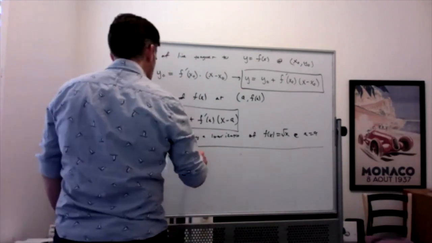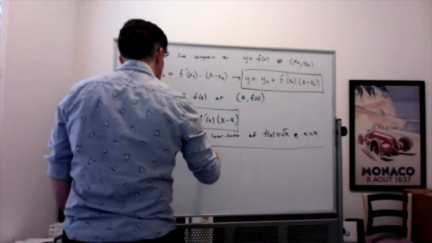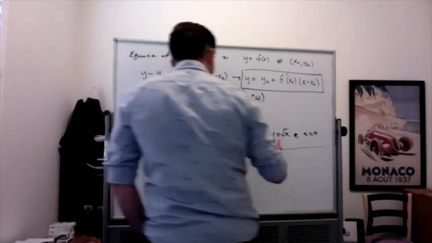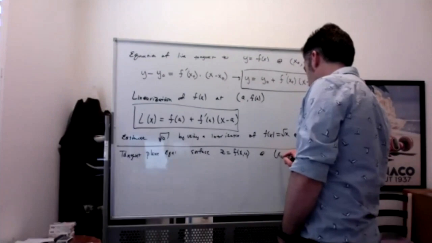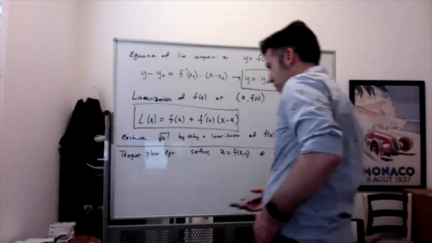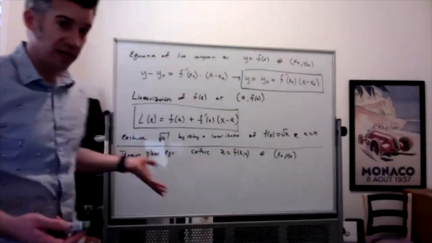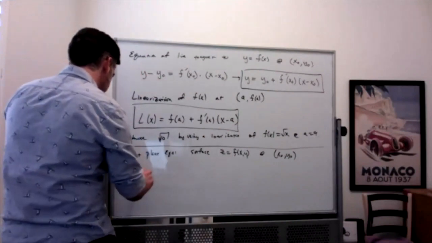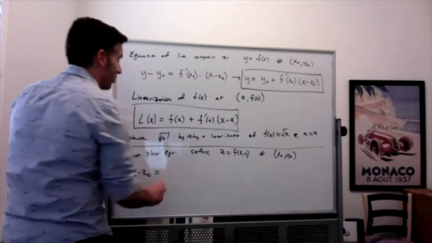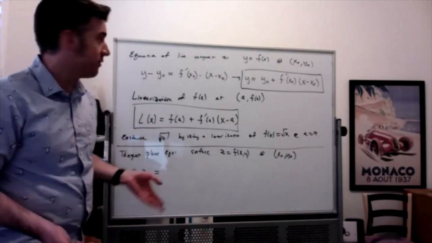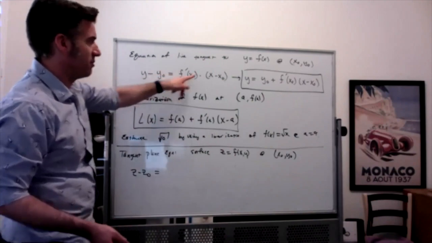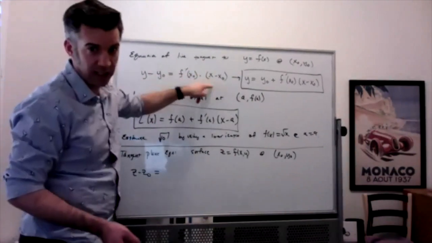So our surface is z equal to f of x comma y at the point x naught, y naught. The way you find the equation of the tangent plane is just like we found the equation of the tangent line. It's z minus the z value equal to the derivative times your x minus the x value.